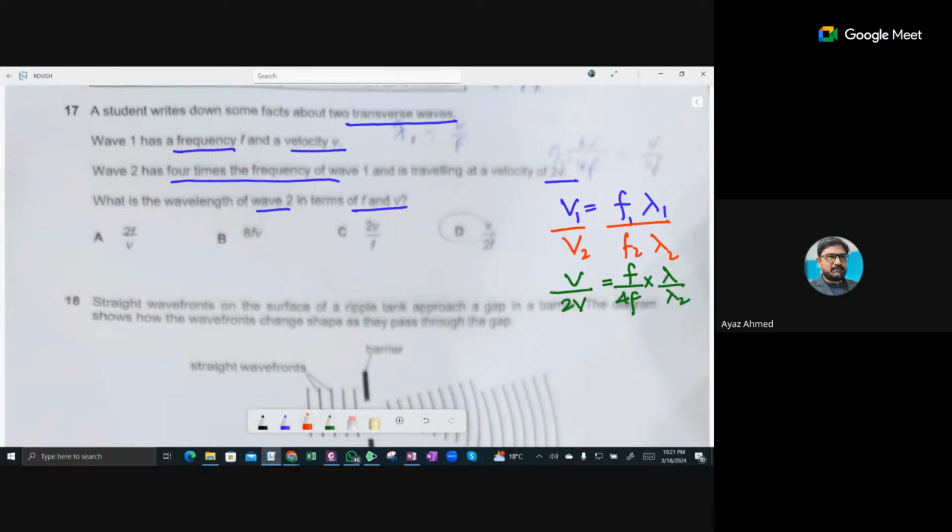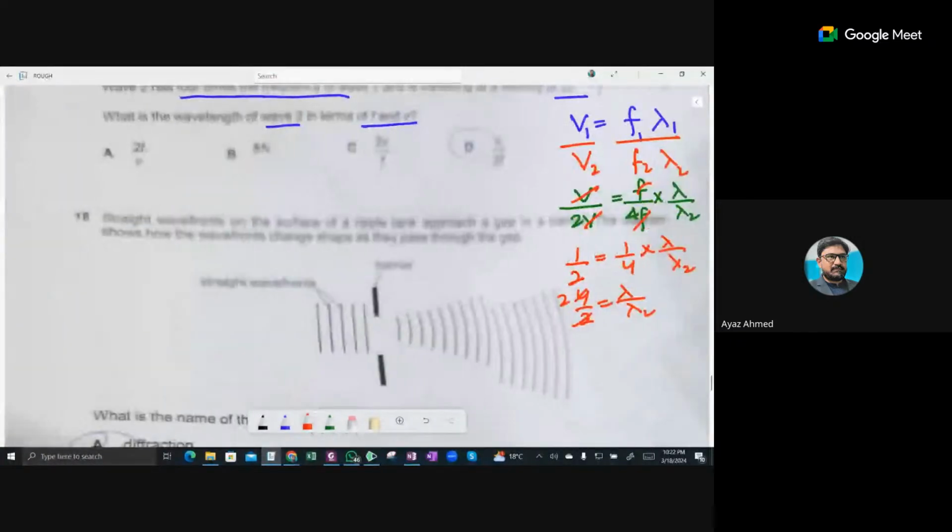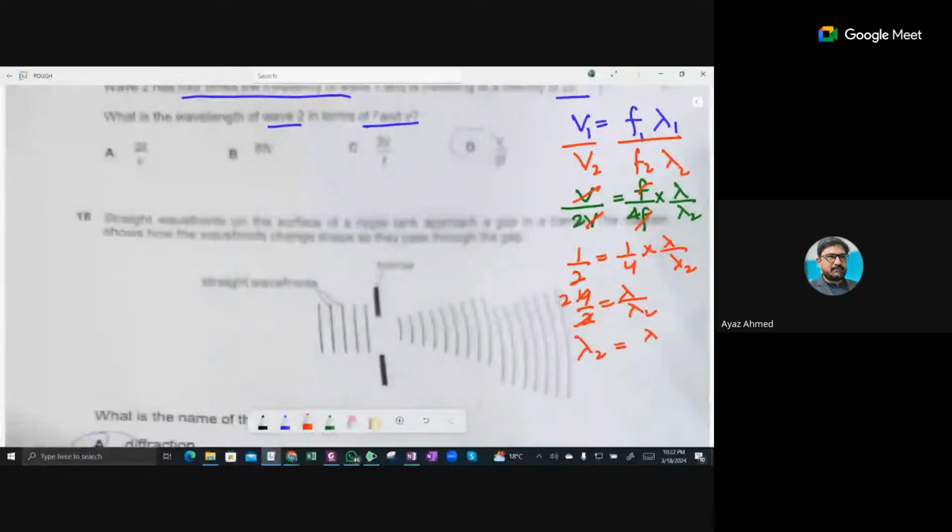So v and v gone, f and f gone, so it would be 1 upon 2 equals 1 upon 4 into lambda divided by lambda 2. I can put this 4 over here, so 4 by 2, it would be lambda divided by lambda 2. So it would be 2. It means lambda 2 will be equal to lambda divided by 2, half of the lambda.